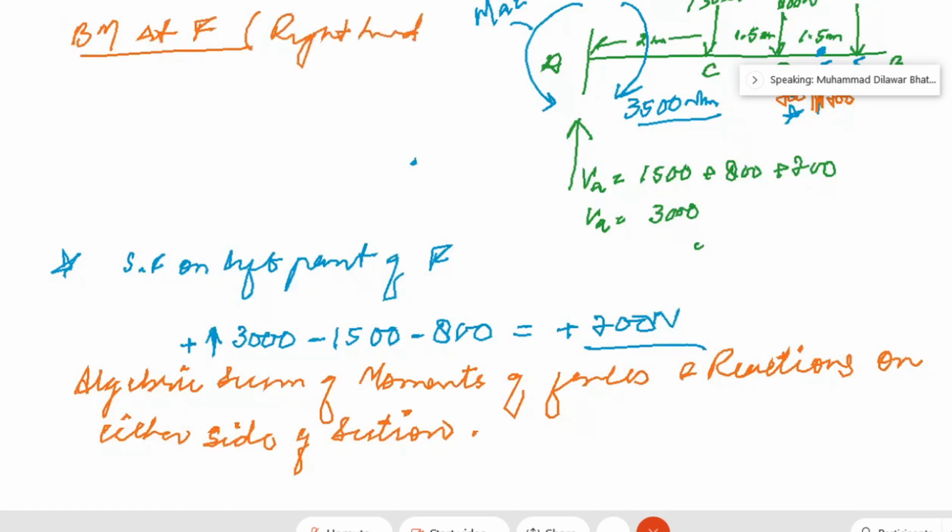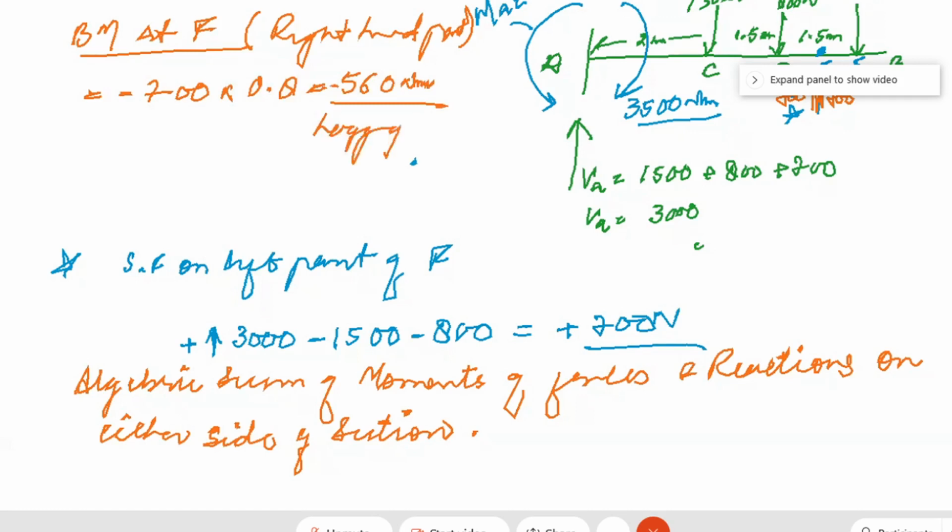The bending moment will be simply the load of 700, but it is negative because it is hogging. Load will be multiplied by 0.8. It will be minus 560 Newton meter, hogging bending moment.